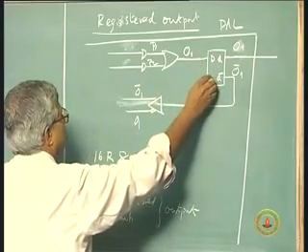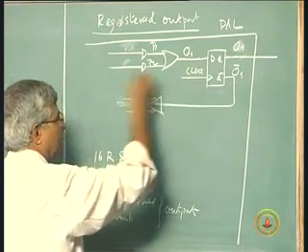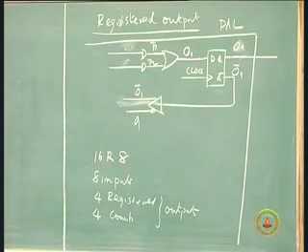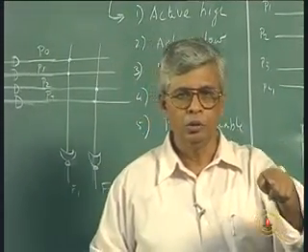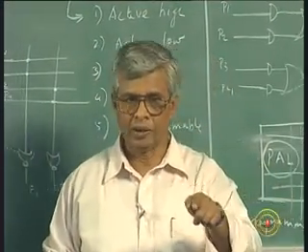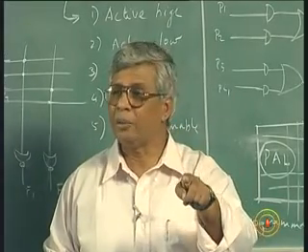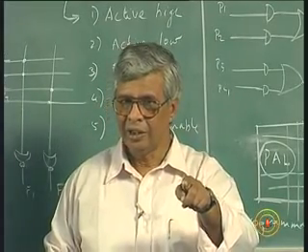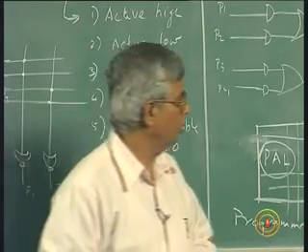So clock is one of the signals. So I need to connect clock also. So in my pin outs, I have to account for the clock signal. How do I feed the clock into the chip? Through an external pin. So an external pin has to take a clock. Through an external pin only I can decide my enable signal. And then I need inputs, then I will take outputs. That's how it is.